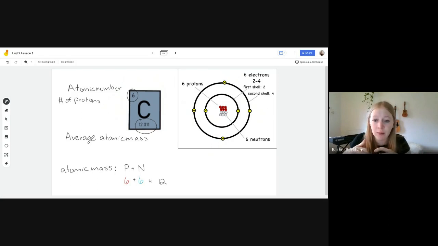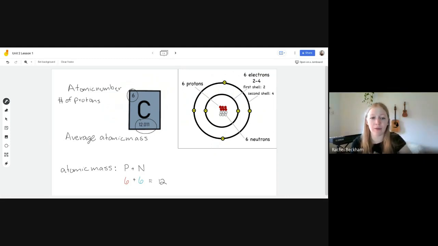But the neutron number can change from element to element. The proton number cannot change if you're dealing with that specific element, but the neutron number can vary between atoms of carbon or atoms of another element. You add them together, and what you see at the bottom of the element is a weighted average of all of the isotopes.